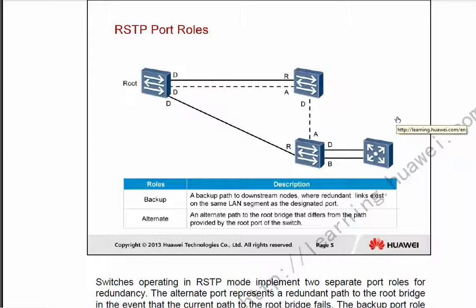Alternate port represents the best backup path to the root bridge. Backup port instead represents a backup for the designated port. So alternate is the backup for the root. Backup is the backup for the designated.